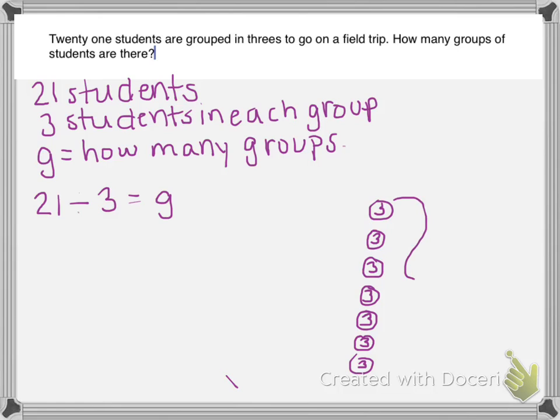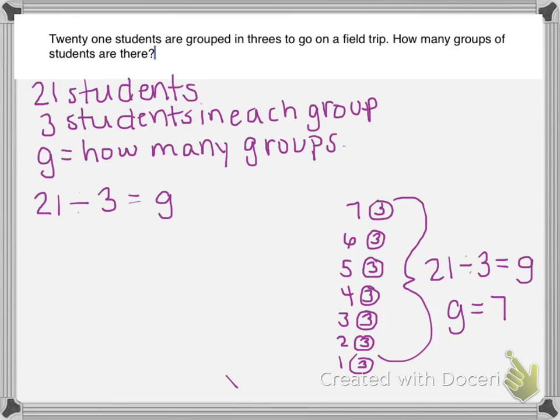So this will represent the equation. So I now know that G is equal to 1, 2, 3, 4, 5, 6, 7 groups.